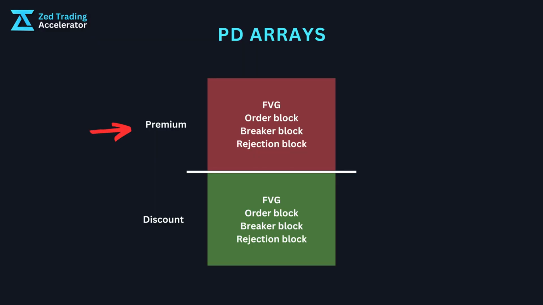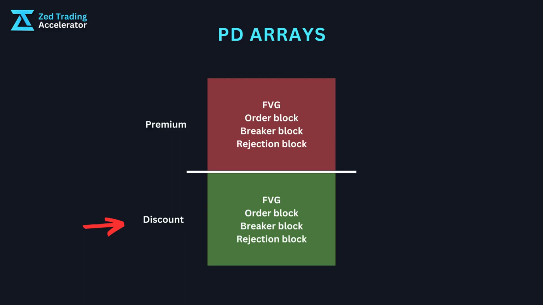Of course, if you want to sell something, you want to sell it at a premium price, an expensive price. And this is the discount zone. This is exactly where we want to buy. Of course, if you want to buy something, you want to buy it at a discount price.